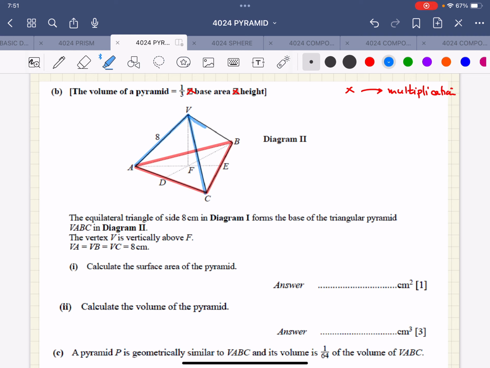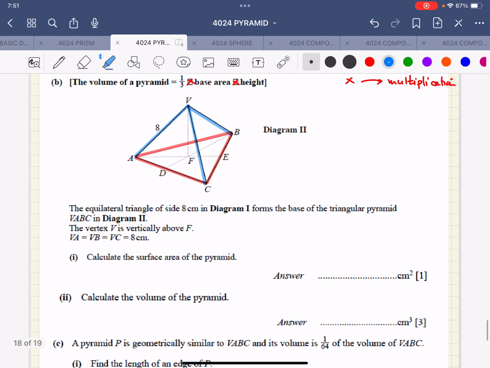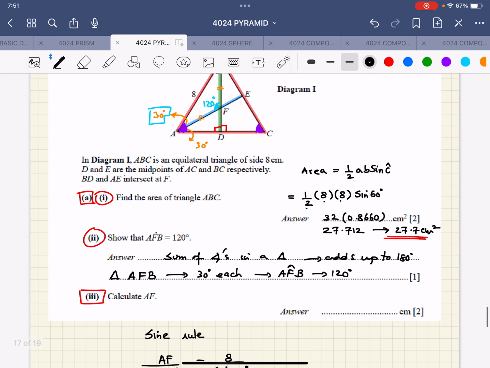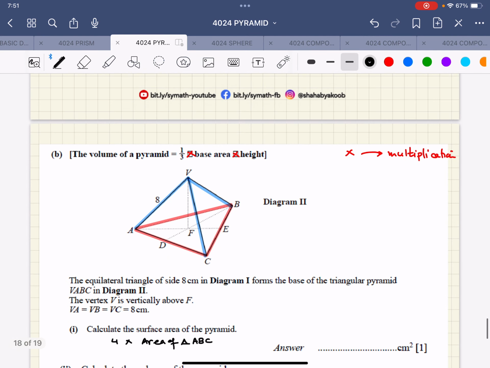And therefore, this will also become 8. So, all the four sides have the same dimension, the three sloping faces and the base. So, surface area of the pyramid, that is basically 4 times area of triangle. Which triangle? That is the triangle ABC. So we have 27.712 into 4. So let me multiply it out.